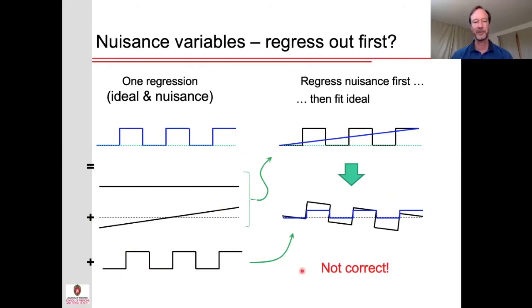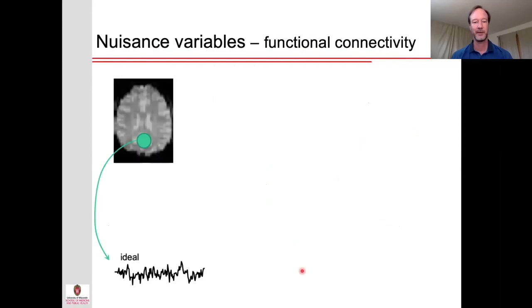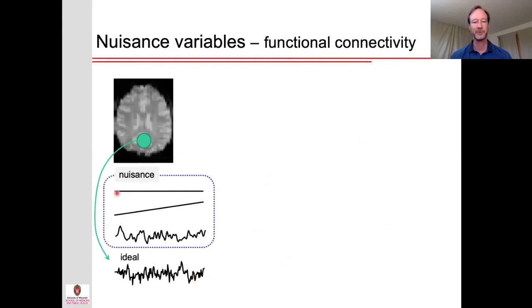So let's take a look at what happens during resting state fMRI. In this case, we're taking the average signal from, let's say, the posterior cingulate, and we have some nuisance regressors, for example, a constant, a linear drift, and maybe some motion that we want to account for.